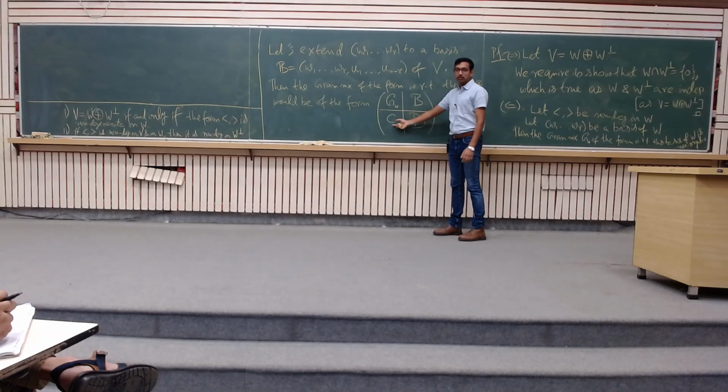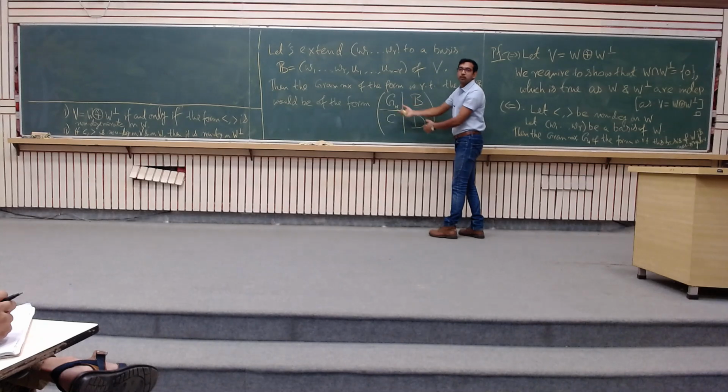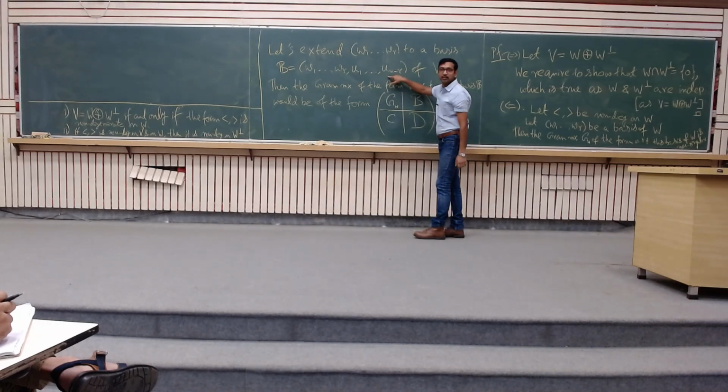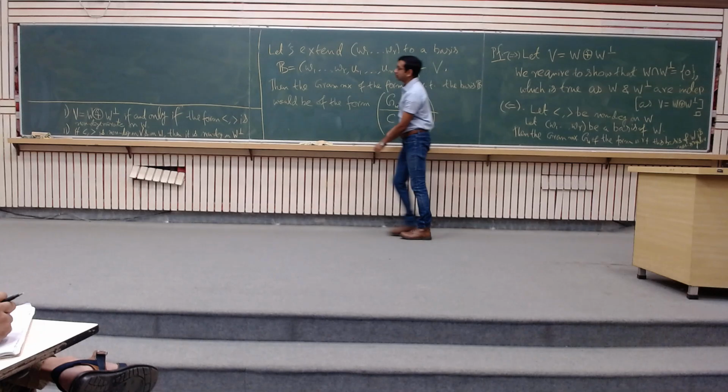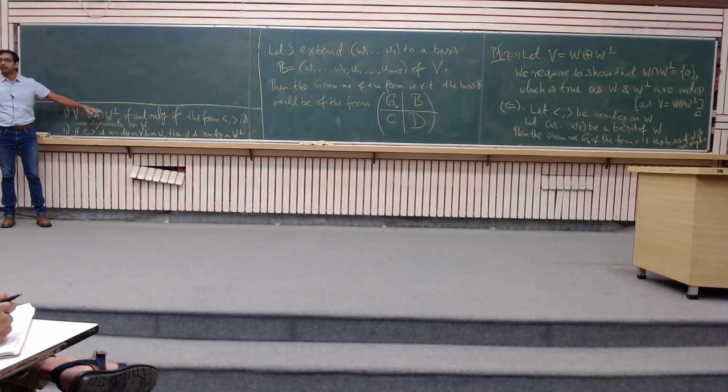But if it is 0, then it is 0 here as well. Okay. So if we could make this 0 by some change of basis, then what will it mean? That all the elements here are orthogonal to W, and all the elements here are orthogonal to the space spanned by these vectors, right?